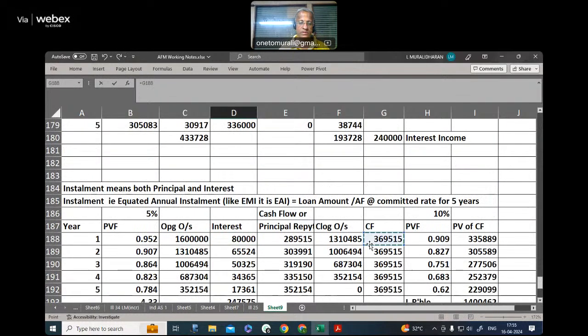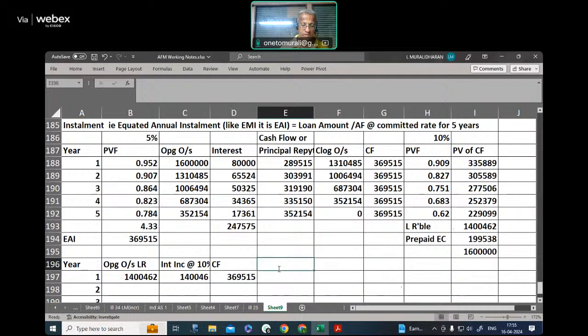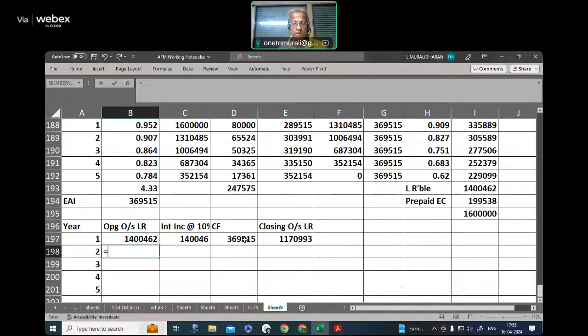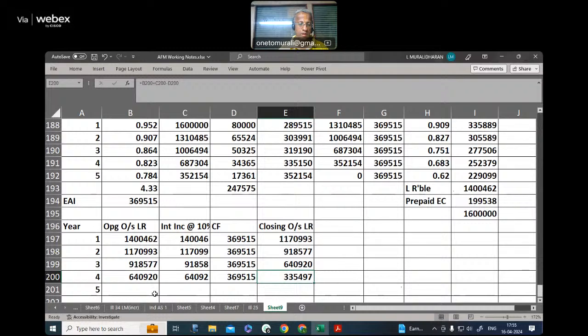Cash flow is going to be this. Closing outstanding loans receivable plus this minus this. So this 468 we have got to adjust with interest income.